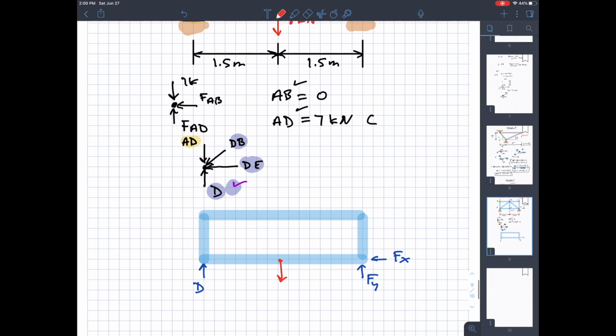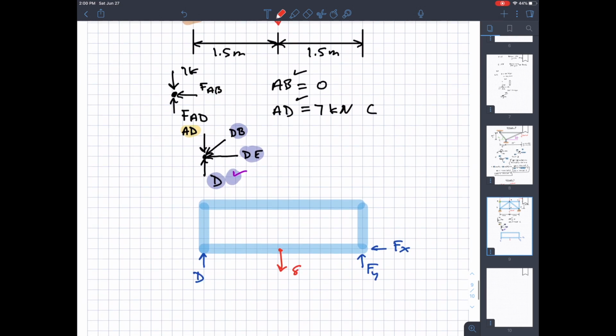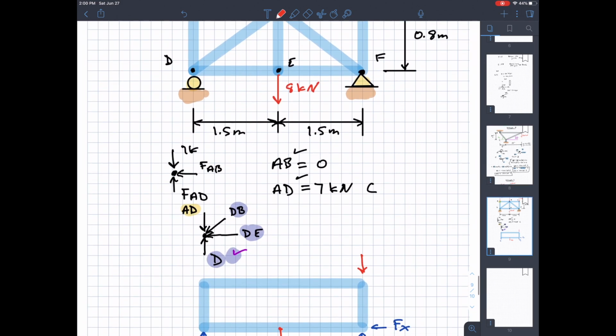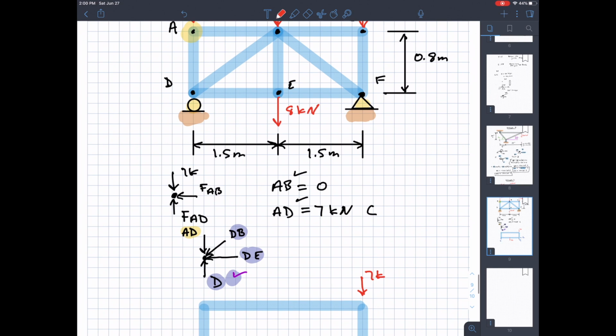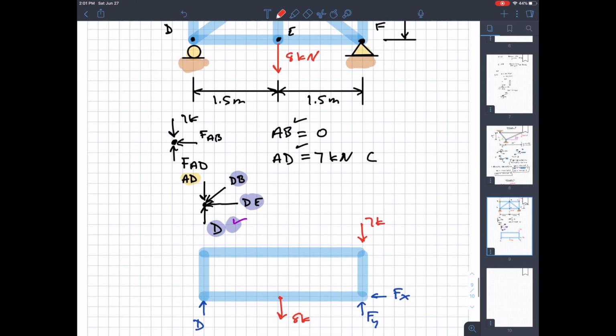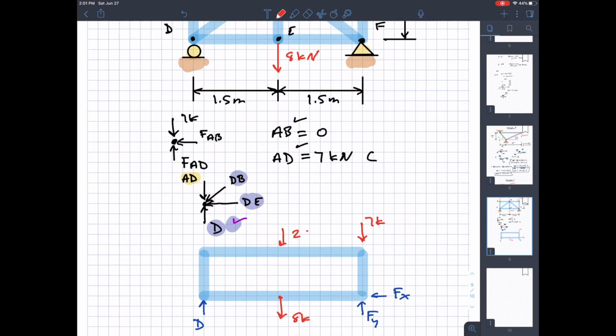Okay, so I know 8K comes down. I know 7K, 24K in the center, and another 7K. And scoot this down a little bit.